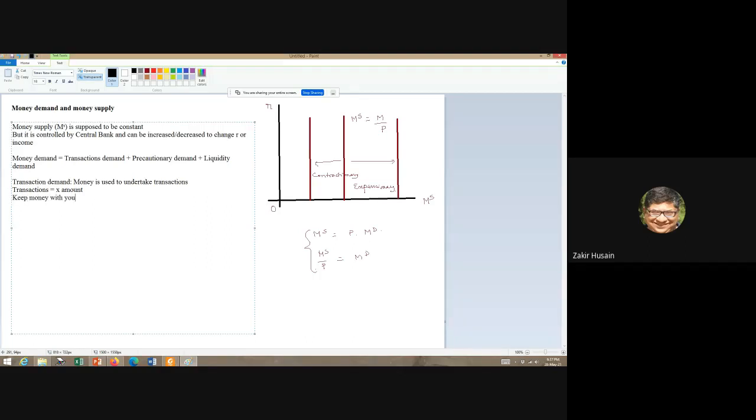So you can either hoard the money, in which case there's no interest, or invest it in bonds. Now, typically what happens is the transactions are staggered. They are staggered over the month.